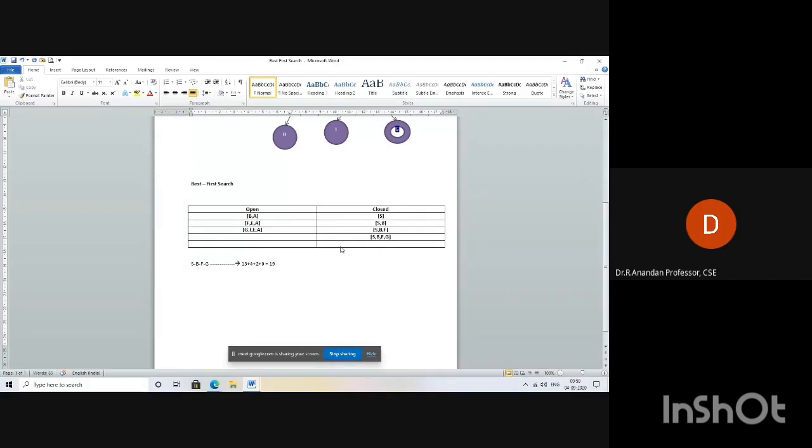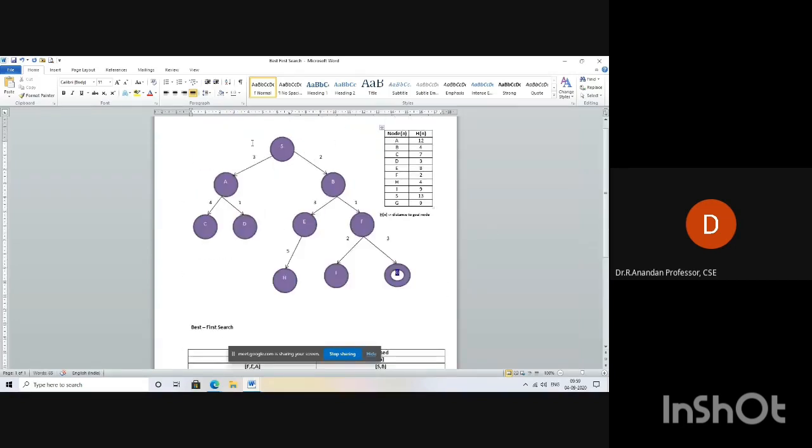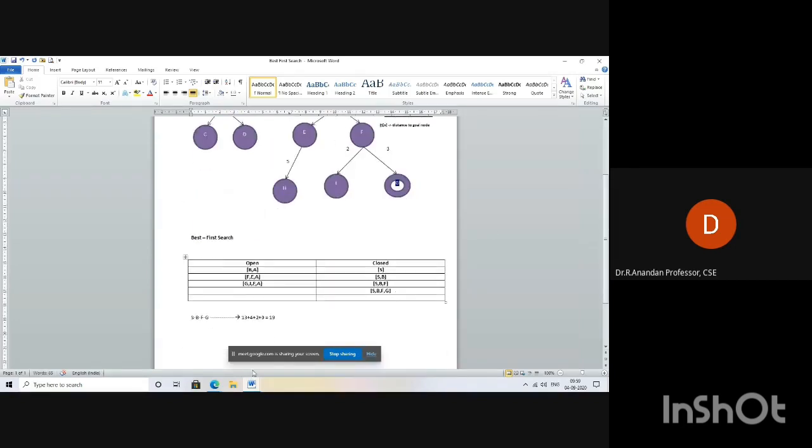Correct. So the total cost, as the total distance, if I take the path from S to G, the minimum optimal path using best first search is 19.